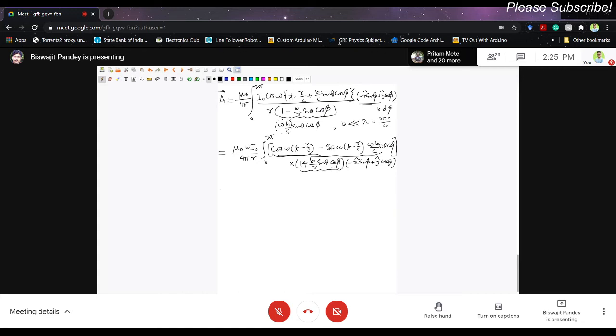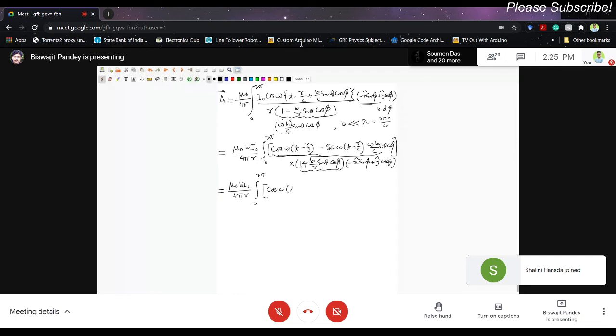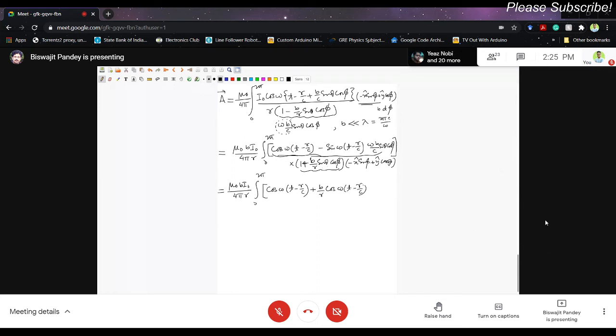Okay, so μ0 b I0 divided by 4π r, 0 to 2π, and I'm just multiplying this, nothing else. So cos(ωt − r/c) into 1, that will be cos(ωt − r/c), plus b/r cos(ωt − r/c) into sinθ cosφ.